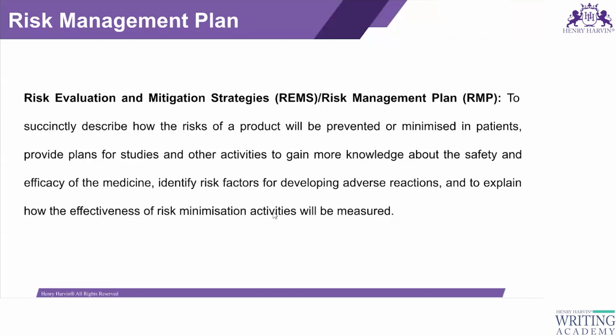What are the activities planned by the marketing authorization holder to gain more knowledge about the safety and efficacy of the medicines? That is the main aim of the risk management plan or risk evaluation and mitigation strategies.